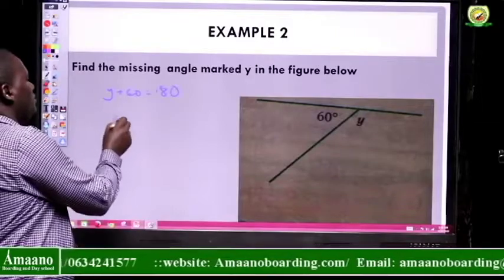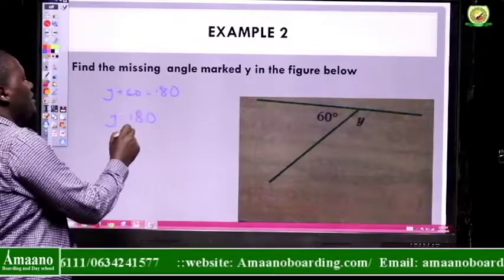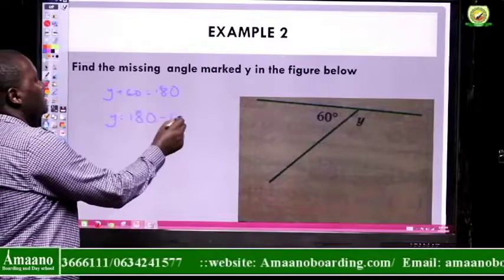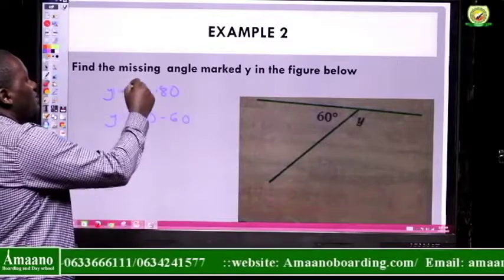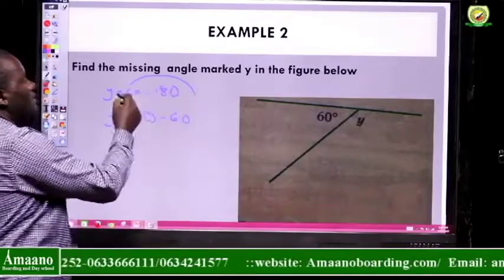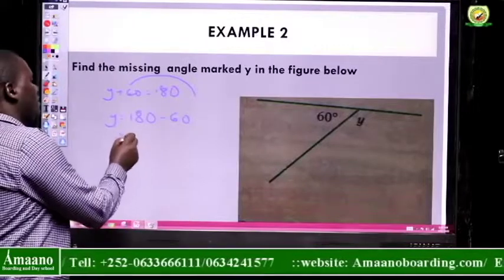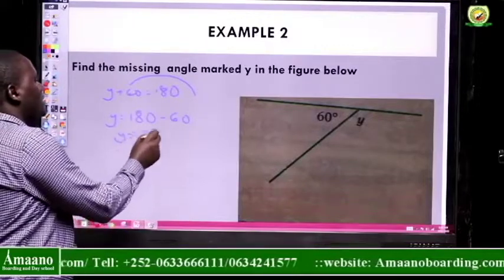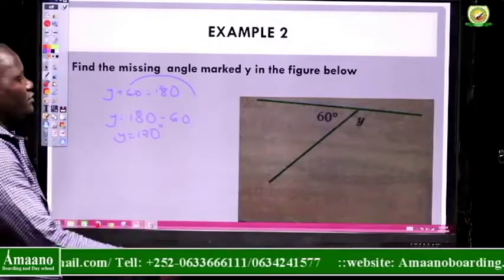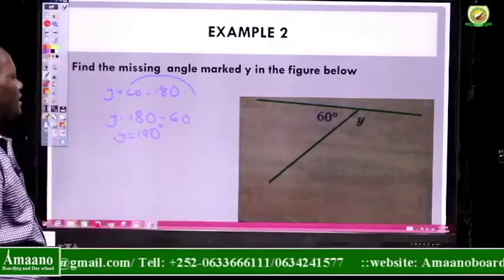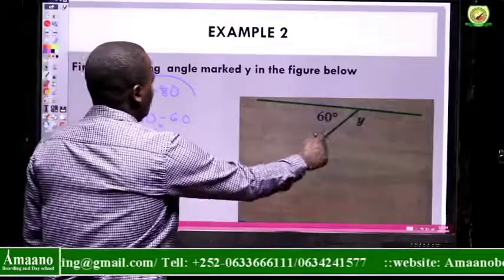So Y equals to 180 degrees, I take away 60 degrees, because this 60, when it crosses the other side, the sign changes to be a takeaway. So y equals to 120 degrees. So the value for this y, it is 120 degrees, that side.